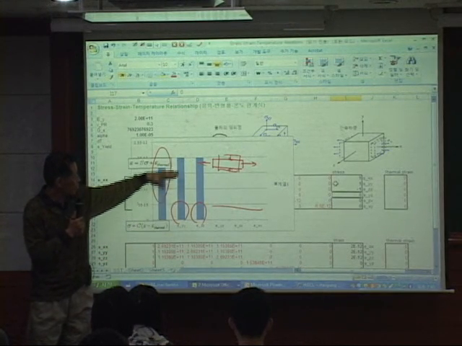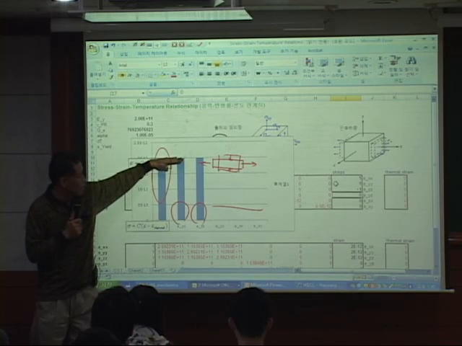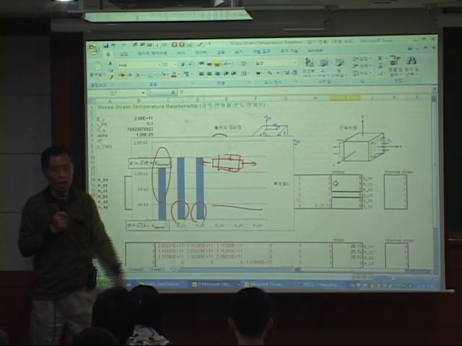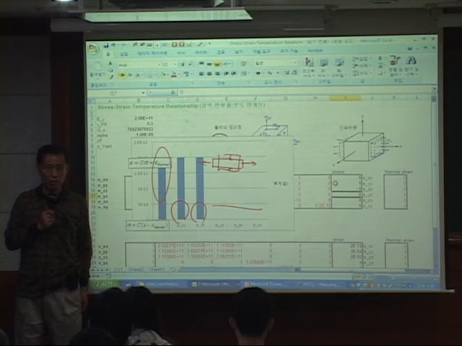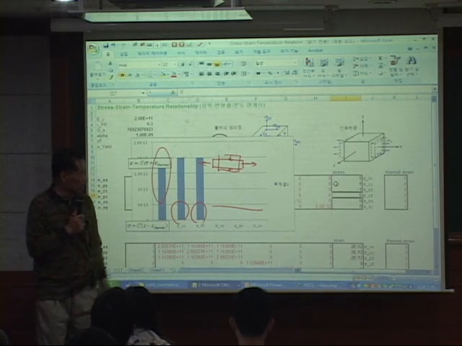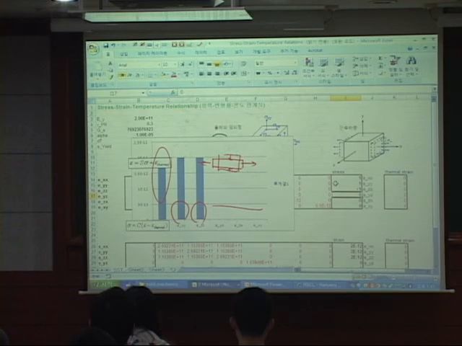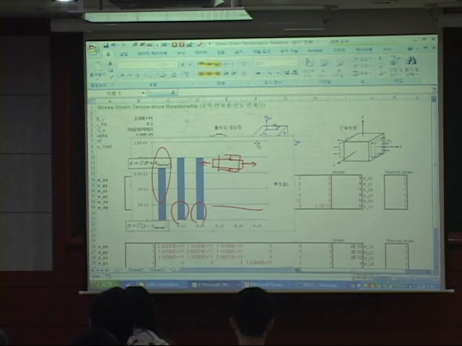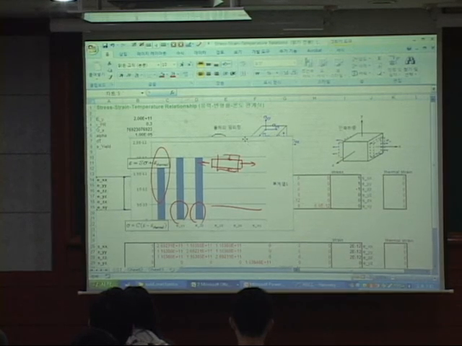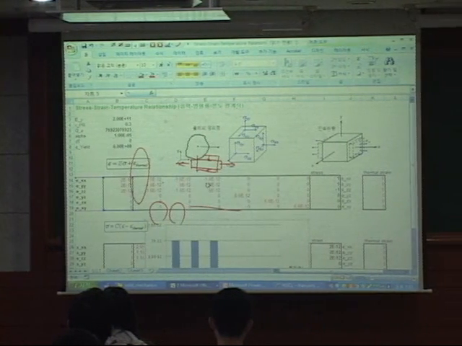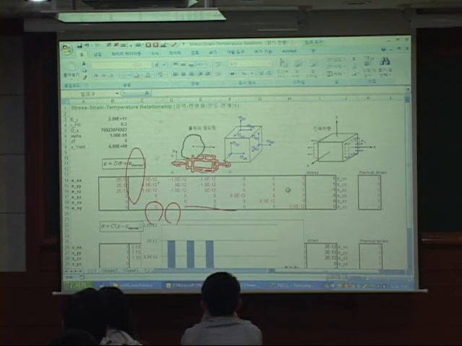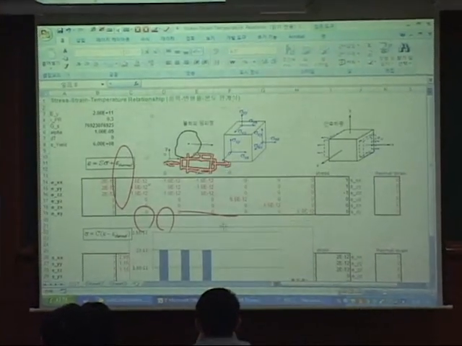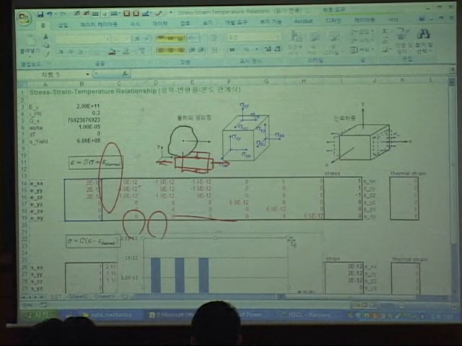And you need to calculate how much you will have. This tensile strain, you can simply calculate using this matrix, right? 1, 1, 1, 0, 0, 0, and multiply, you will have this one.